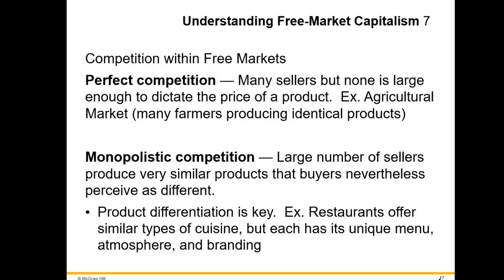So think about your favorite restaurant. Why is it your favorite restaurant? Is it because of their menu, the taste of their food, their branding, or the atmosphere? What factors led you to say, this is my favorite place to go eat?